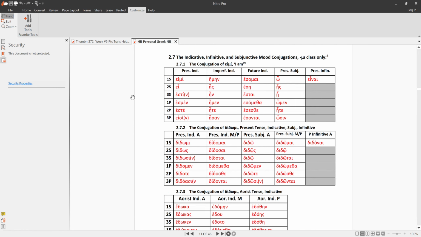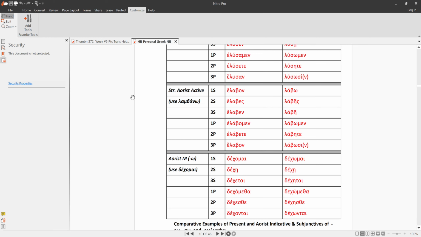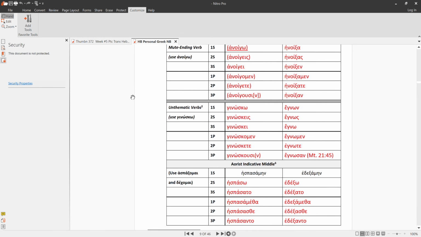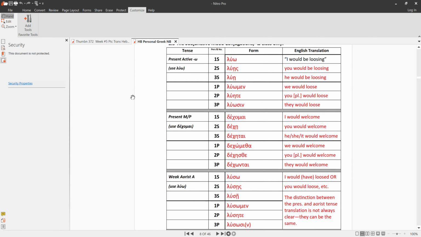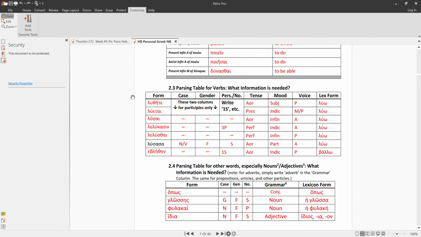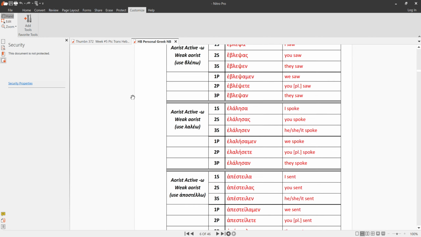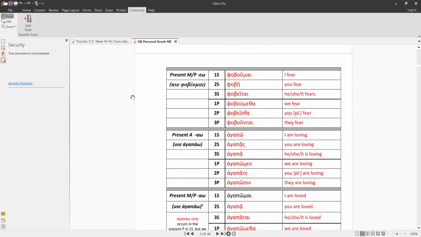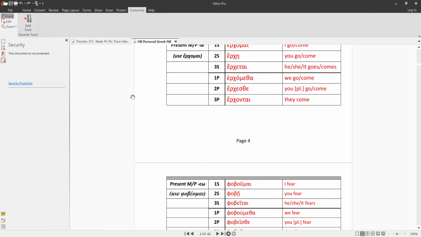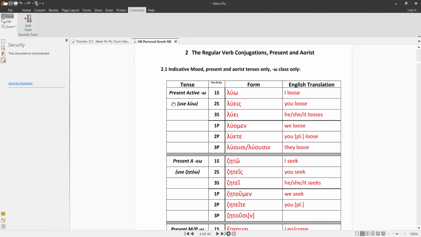But also, now you have a lot of verb forms, and I would encourage you that now that you have learned those in the present and the aorist tense, that you go ahead and fill those out. Page 5, you should have already begun. With page 4, to have the present tense, luō, lueis, luei.